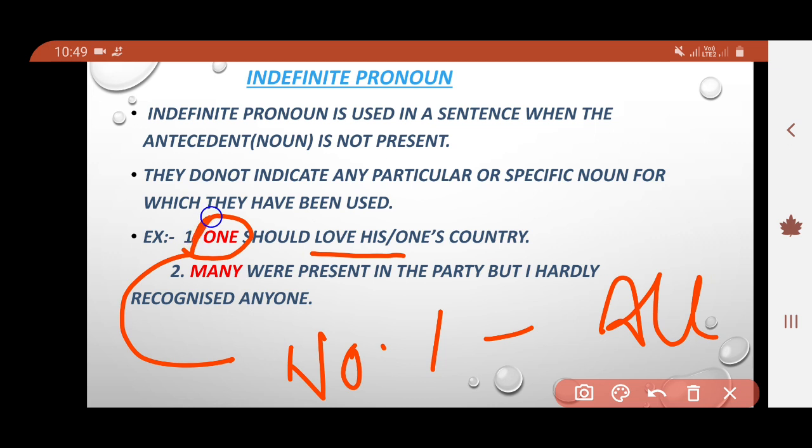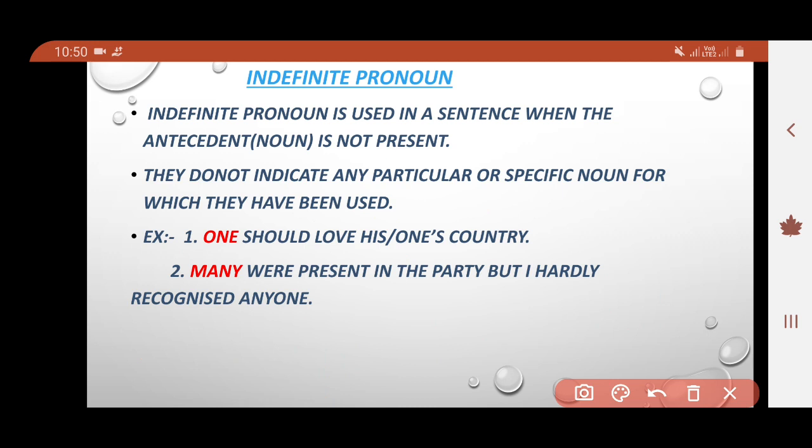As we are using this one here, that is why here it is written one's. You can write his also or one's also. So it is talking about every person that lives in a country, he should love his country. This one is not showing number one, but it is showing about all persons.